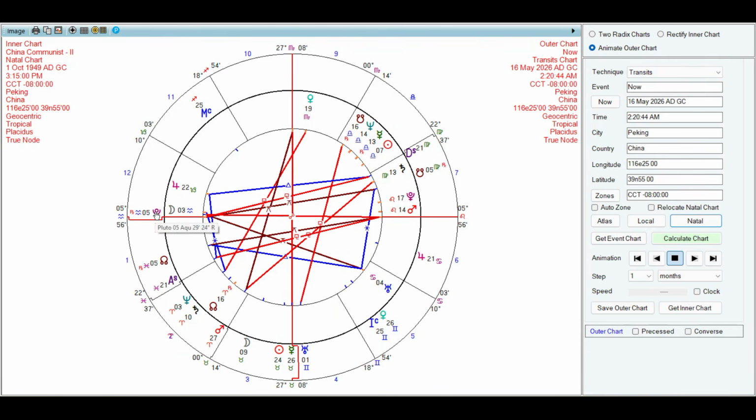And when Pluto is forming an opposition with Mars here, it can be seen that it will not support USA in brokering a deal with Iran, and at the same time, it will also spoil the relationship with Taiwan.